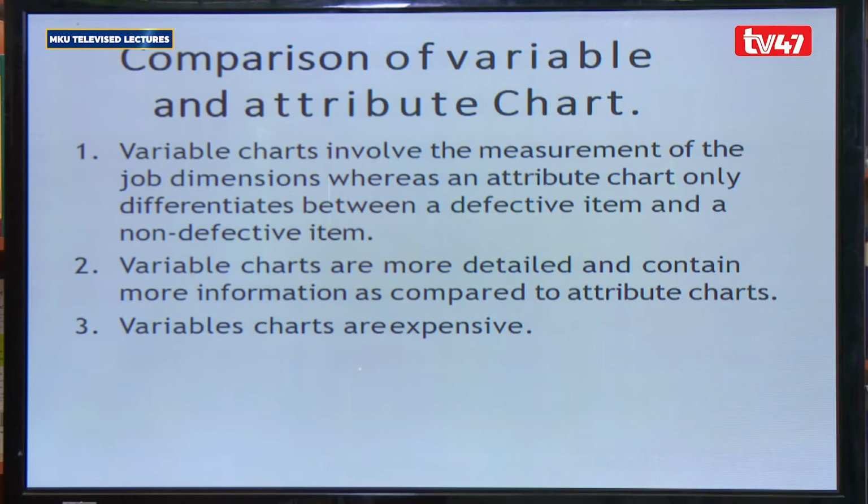So, comparison of variable and attribute charts, how do they compare?